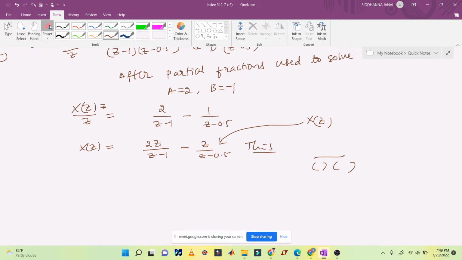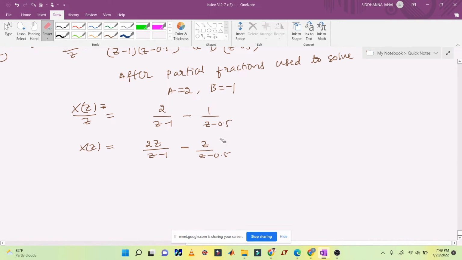Okay, now how to find out z inverse? For that, we know that z divided by z minus 1, its inverse z transform is u of n. So let me not write this one because we need to consider ROC now.